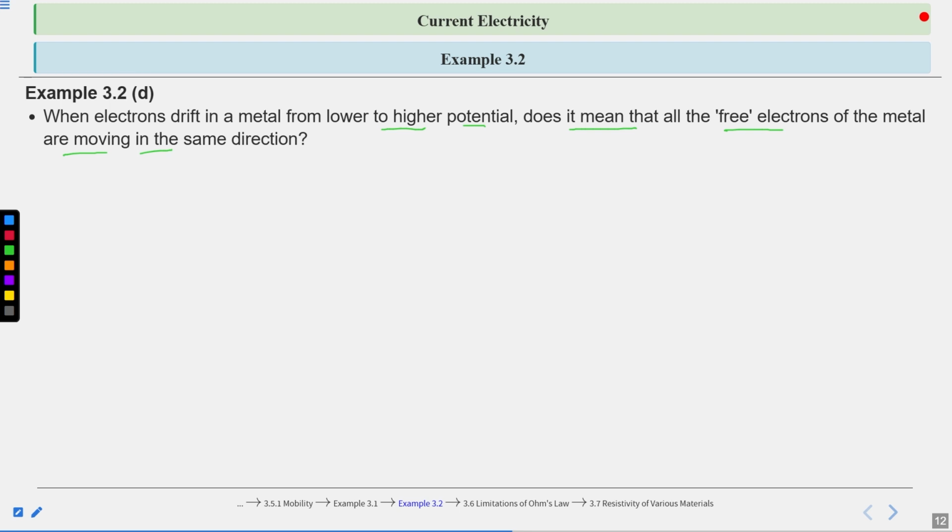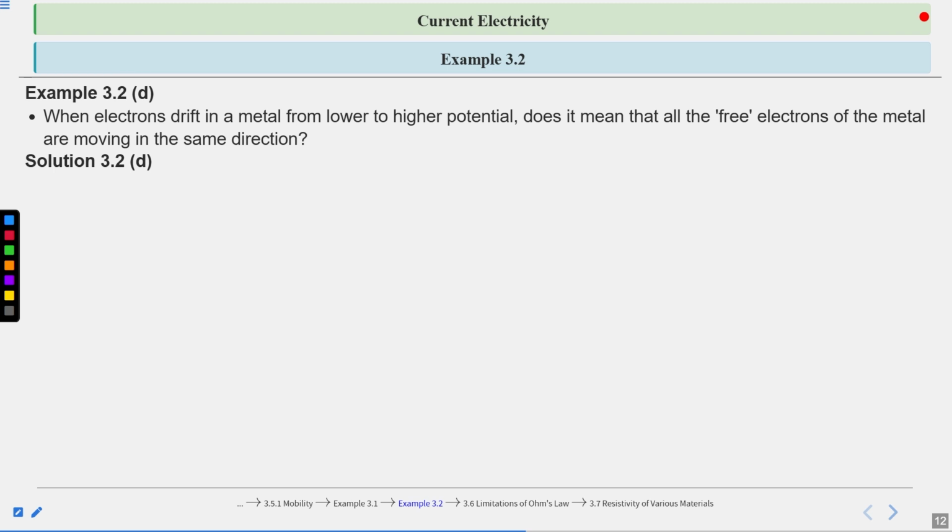Okay, so you can take the idea from that before the application of an electric field, in the absence of an electric field, the motion of electrons is random due to thermal speeds. They possess thermal speed due to temperature, so their motion is completely random. When we apply the electric field or potential difference, the electron will go from lower potential to higher potential, but thermal speeds are also present.